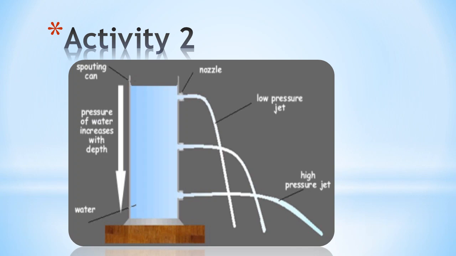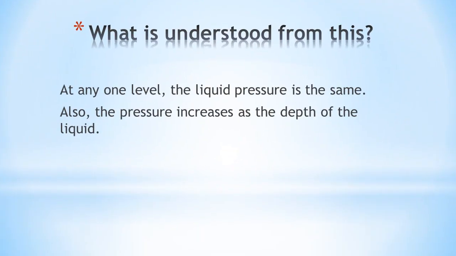Also, jets coming out from the two holes at the same level fall at the same distance from the bottle. What is understood from this activity? At any one level, the liquid pressure is the same, and the pressure also increases with the depth of the liquid.